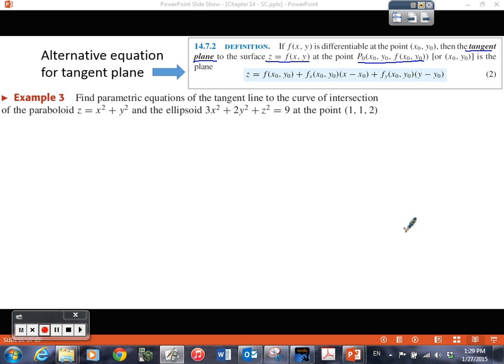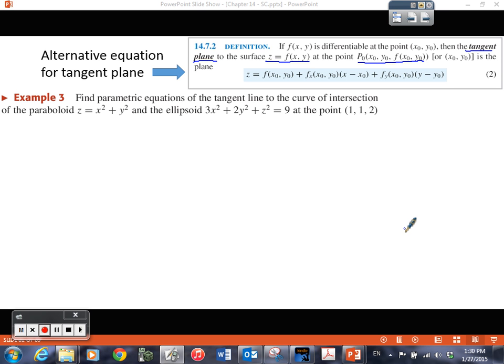If you have the gradient of each of the surfaces and you cross them, take the cross product, what you're going to get is a vector that is parallel to the tangent vector, so it is going to be tangent to the curve of the intersection.